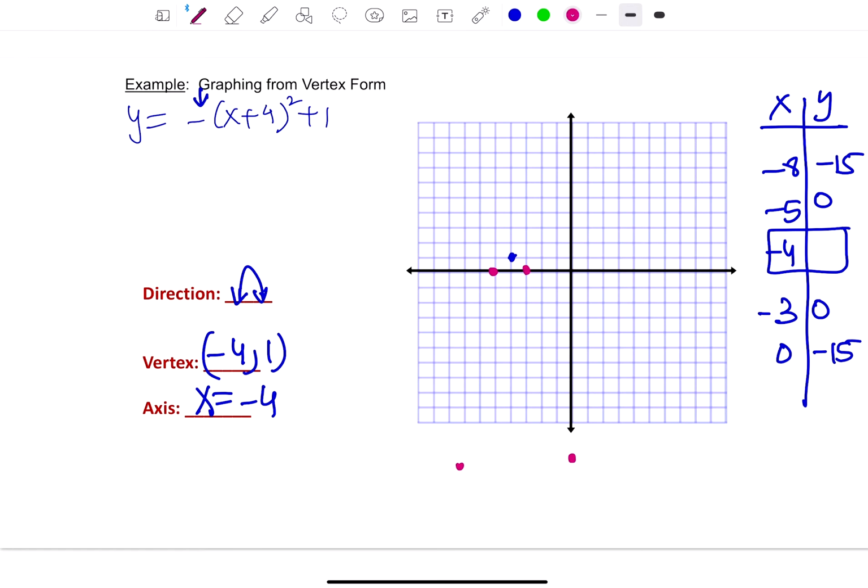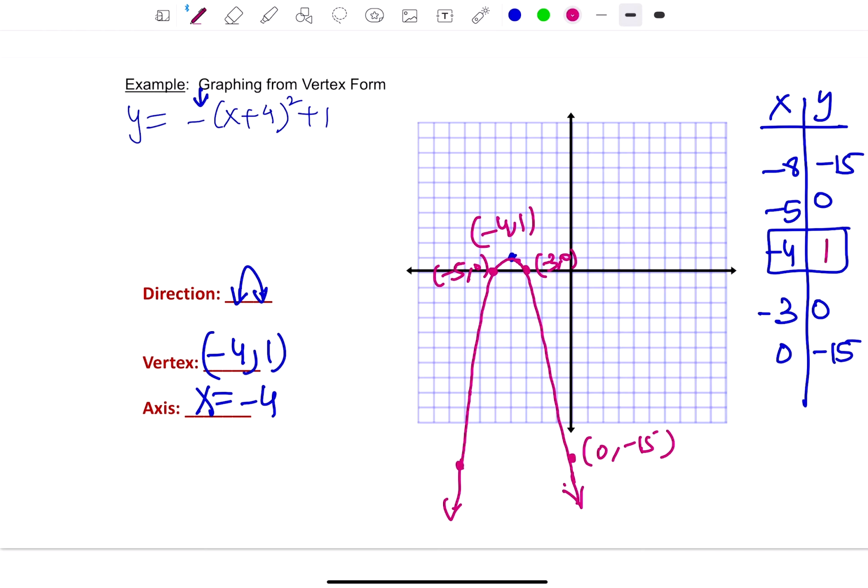Using symmetry, my parabola looks like this. I'm going to be labeling all these points. The vertex coordinates were negative 4 and 1, and this point was negative 3, 0, and I had negative 5, 0, and 0, negative 15.